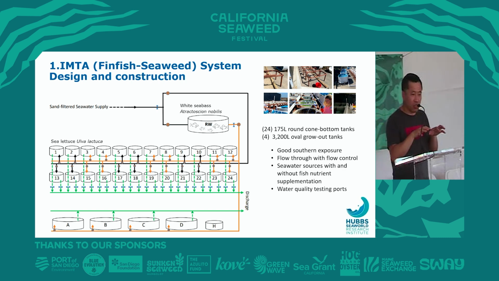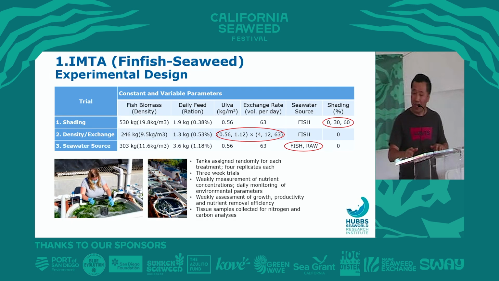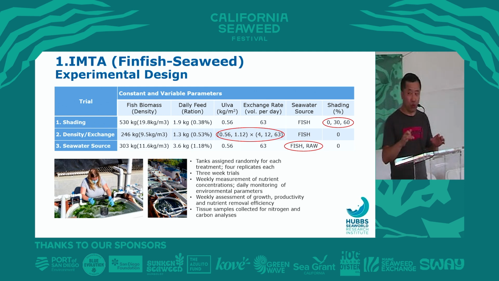So the seaweed tank can receive water directly from the sand filter, and also from the effluent of the tanks. We did 3 trials for this simple system. The first is grading level. The second is stocking density and tank seawater exchange rate. Third, we tested water from the effluents of the tank, and another one just directly from the sand-filtered seawater.